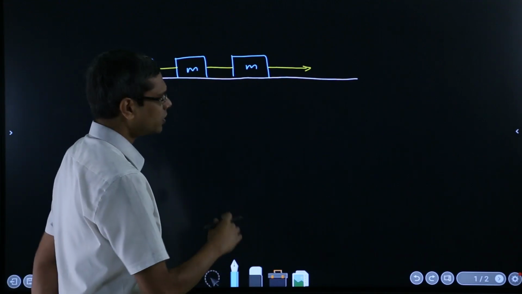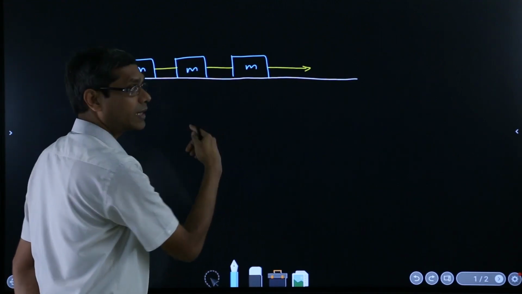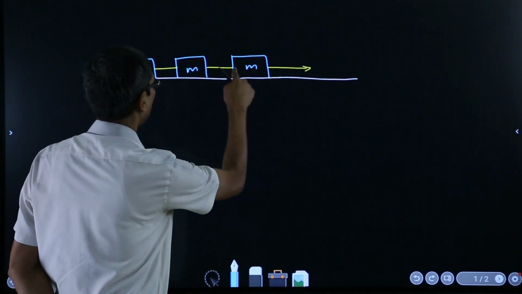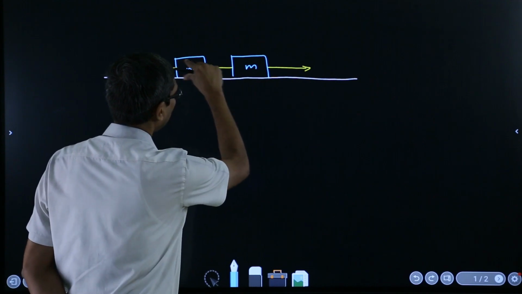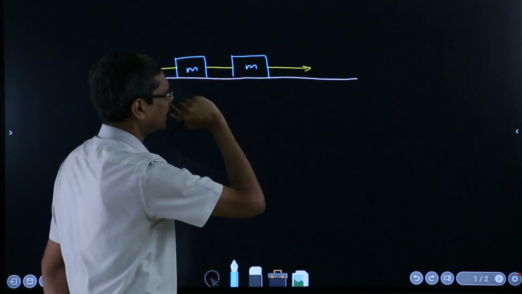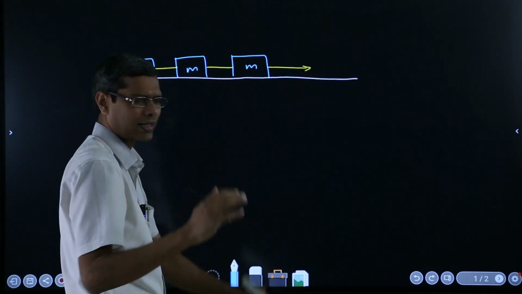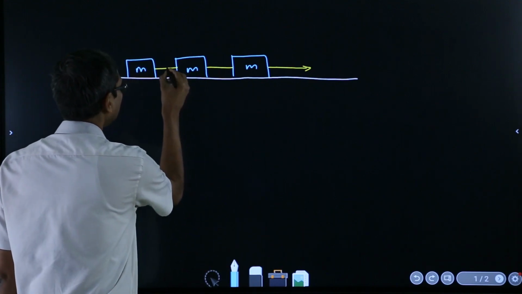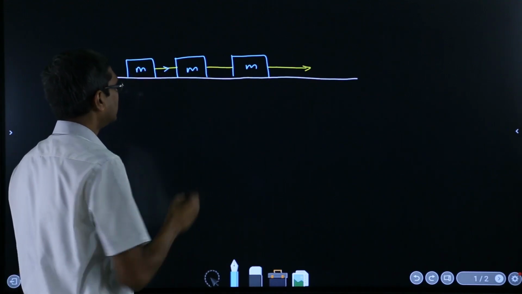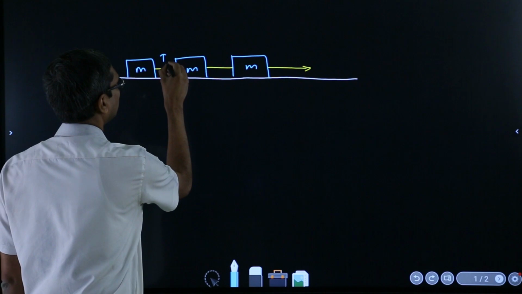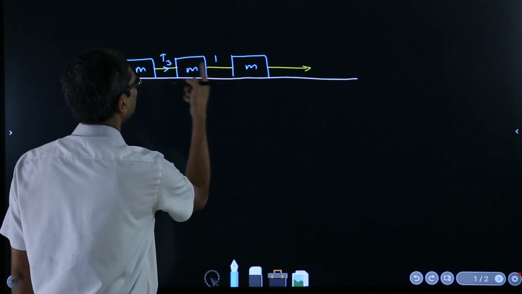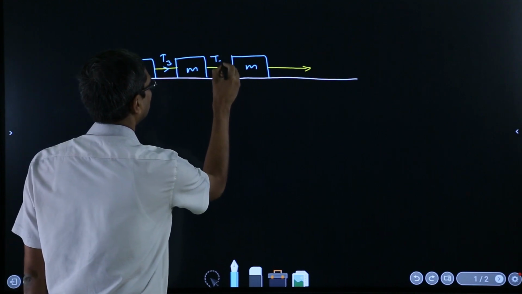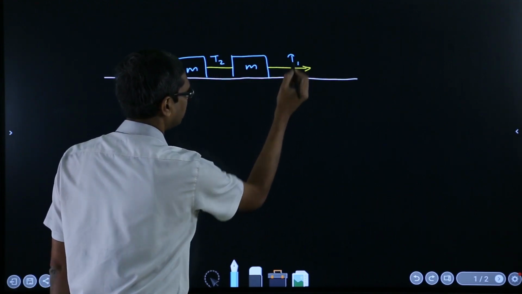Now think about the tensile forces that exist on these strings. Suppose they are now moving with an acceleration. Say this I will call T3, this is T2, and this is T1.